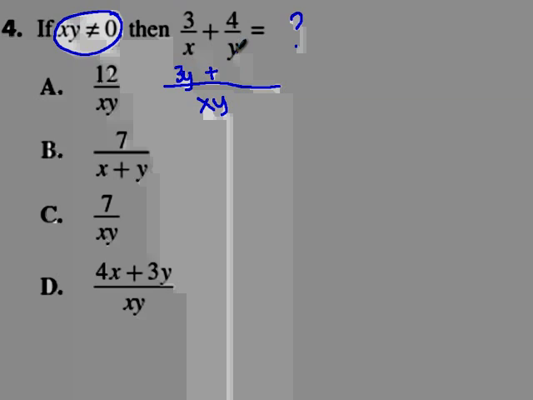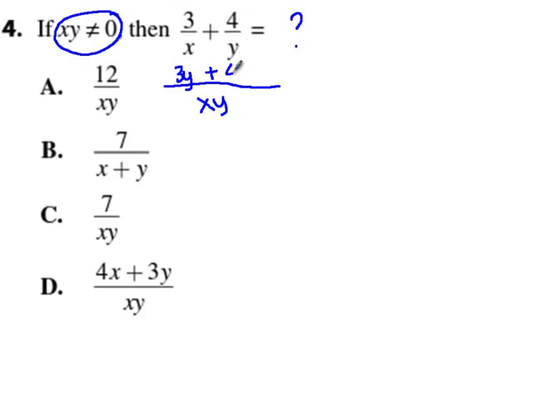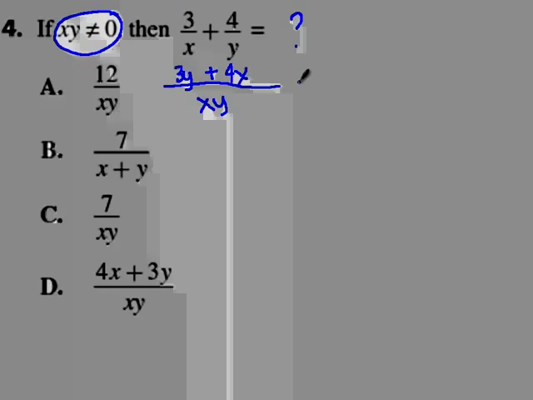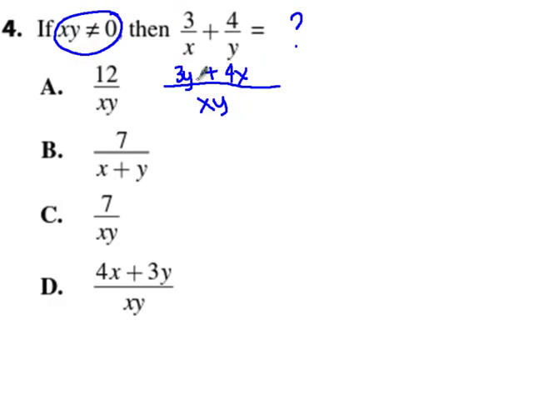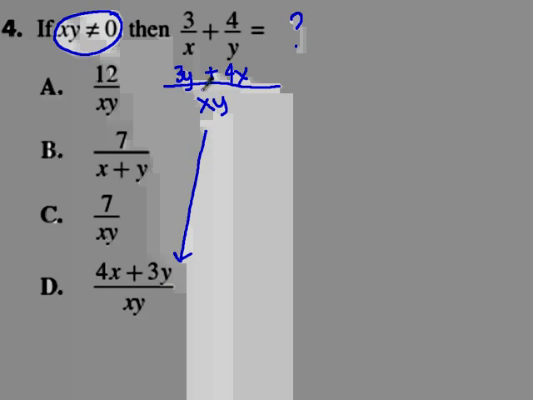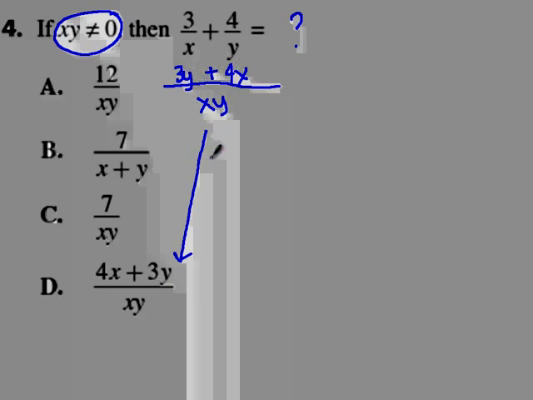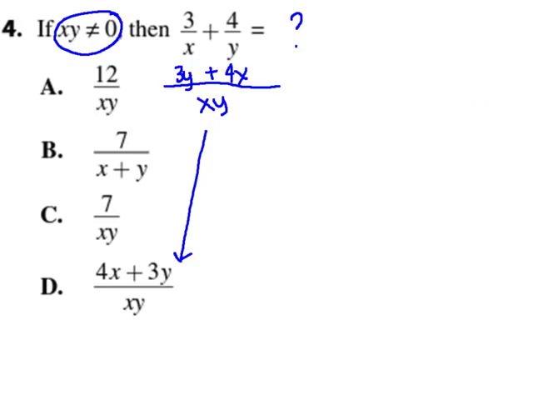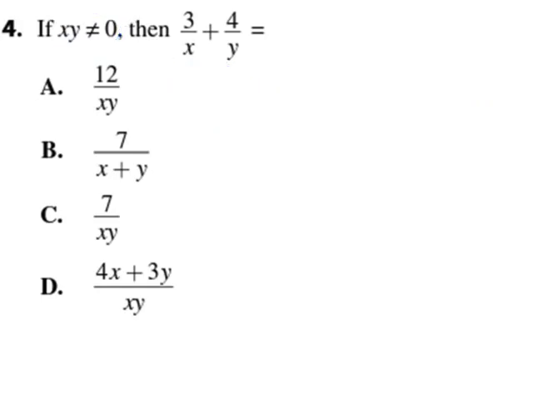XY divided by Y is X, times 4 is 4X. So what we have is 3Y plus 4X over XY, which is the same as letter D. By the commutative property, we can reverse the order of 3Y and 4X. Okay, that's number 4. Let's go to the next problem.